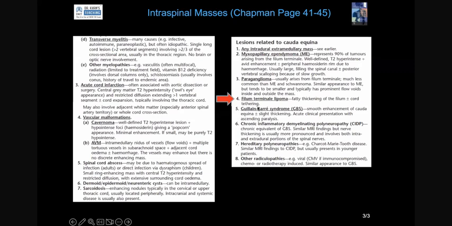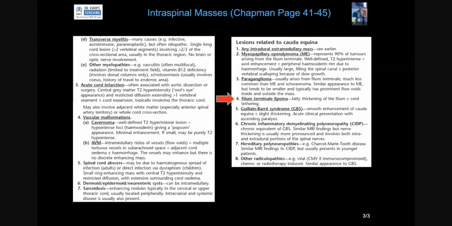Please remember that lipoma of the filum terminale is a common normal variant. It might not cause cord tethering, it might not cause symptoms. But when it causes symptoms, the patient can be extremely symptomatic. They might come in teenage, early 20s or early 30s with a lot of symptoms.